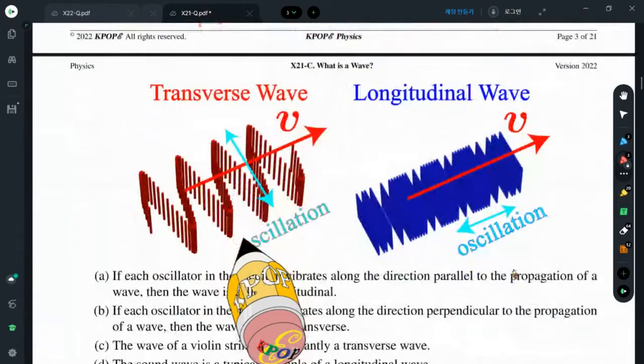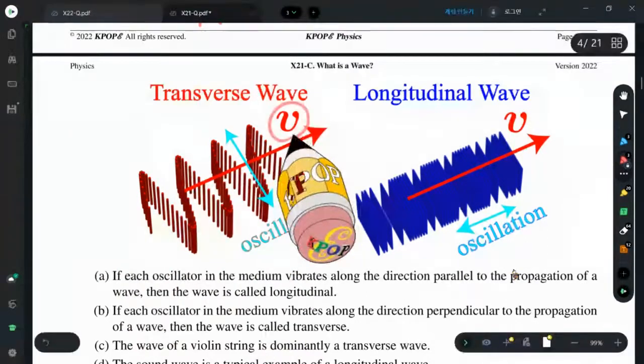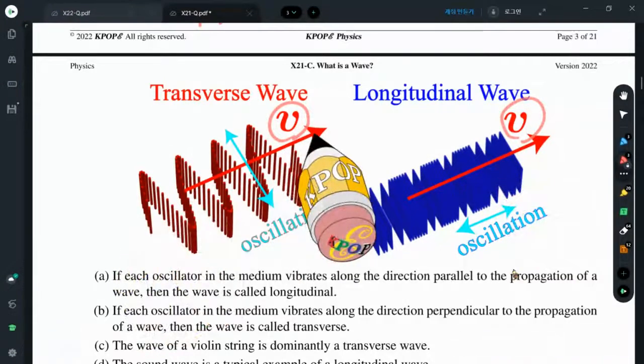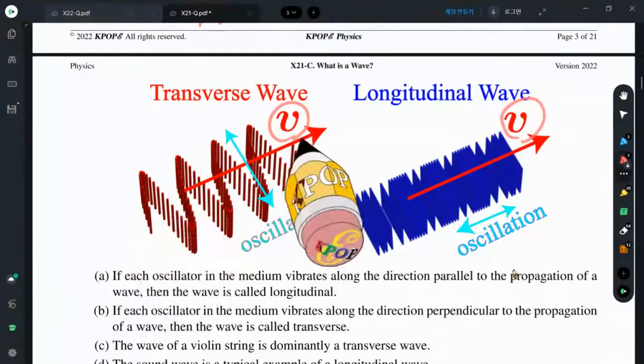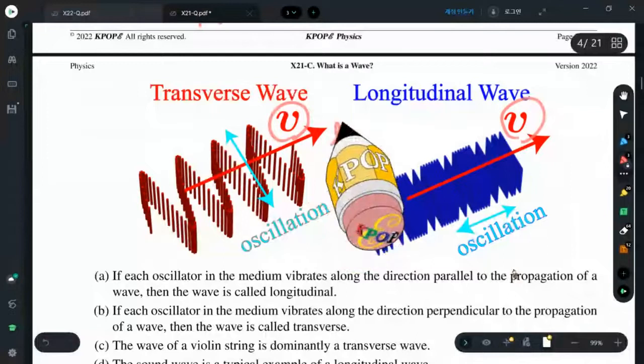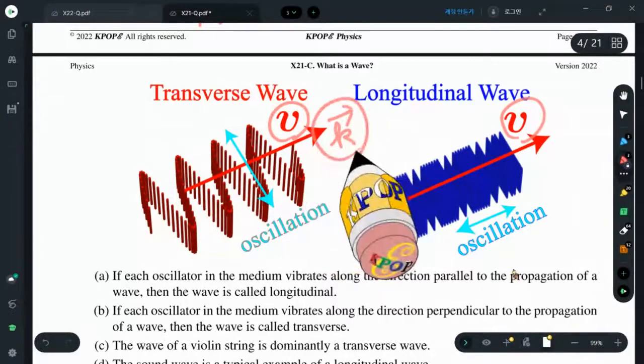There are various waves, but mostly they are classified into 2 types. This red arrow shows the velocity of propagation of the wave, with respect to the direction of propagation that is parallel to the wave vector.